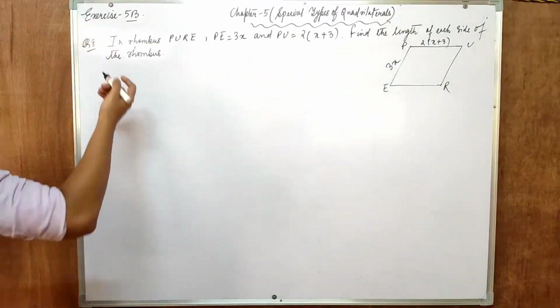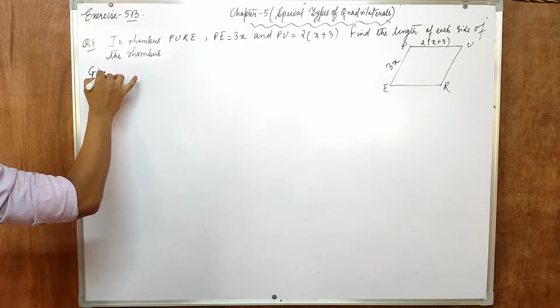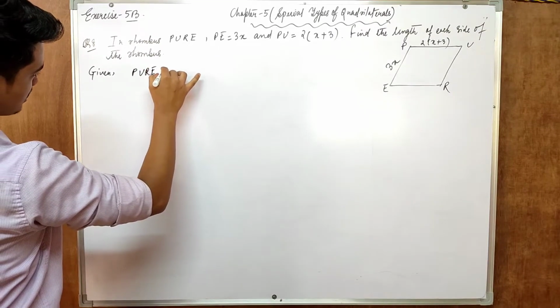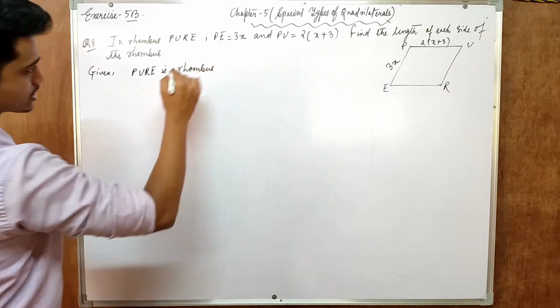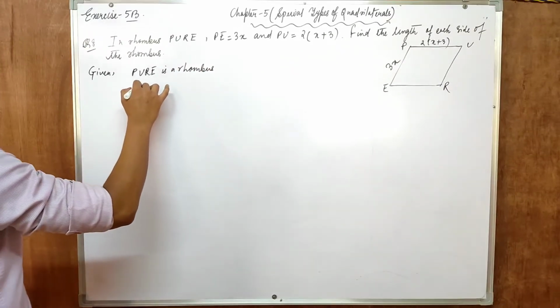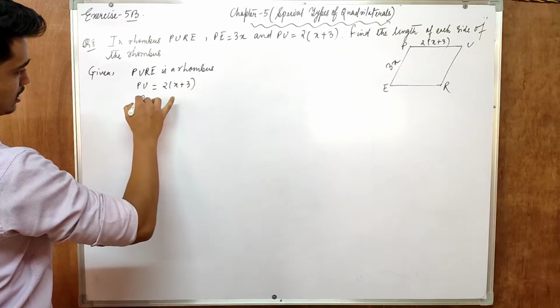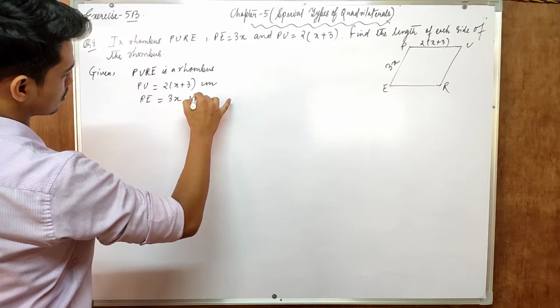So what we need to do is start with the given. PURE is a rhombus. PU equal to 2x plus 3 and PE equal to 3x, in centimeters, is given.